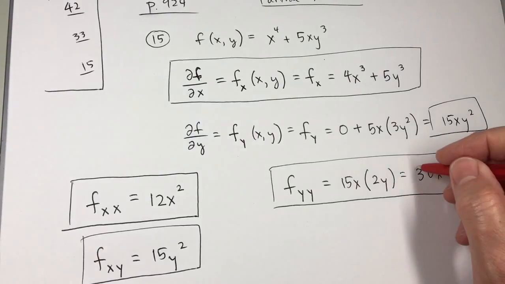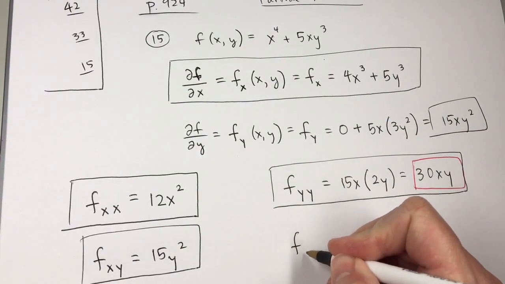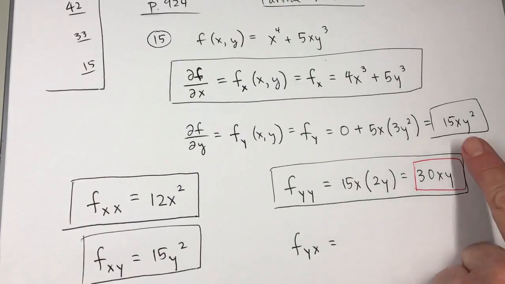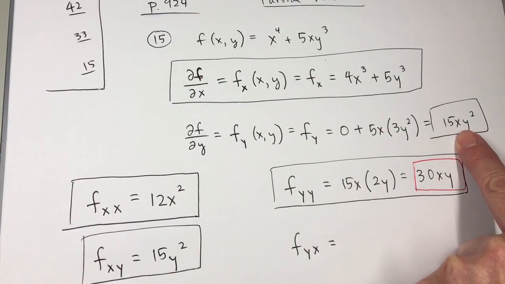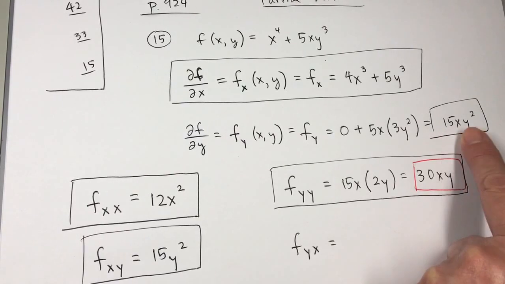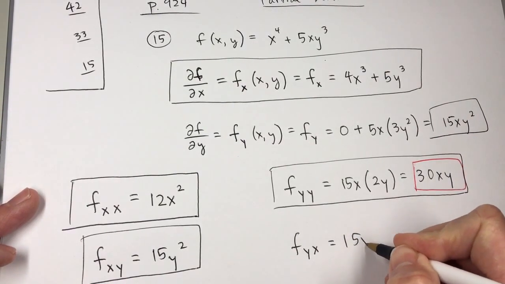And then finally, let's do the partial of f with respect to y and then x. So I'm looking at this answer here, 15xy squared, and do the partial with respect to x now. That's going to be, well, what's the derivative of x? 1. And then 15y squared, those are treated as constants.